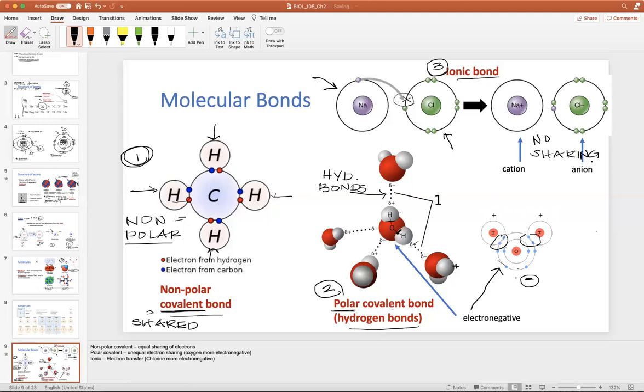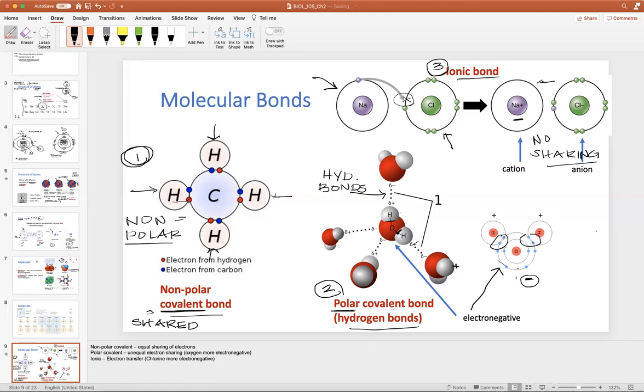So then you may be asking yourself, well, then how does salt stay together? If these aren't actually bound together by sharing, how does this stay together at all? Well, remember, when you snatch this off, this becomes positively charged because there's more protons than electrons, and this one now is going to have more electrons than protons. So this is going to be positive, this is going to be negative.